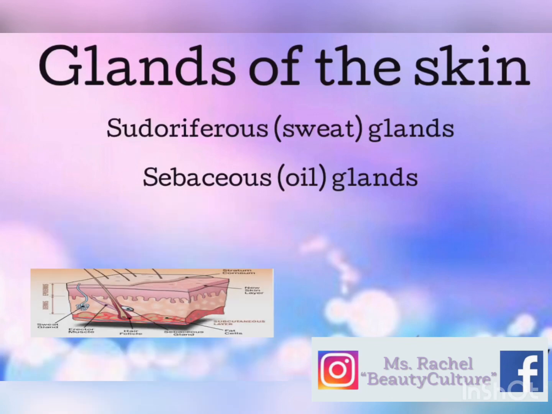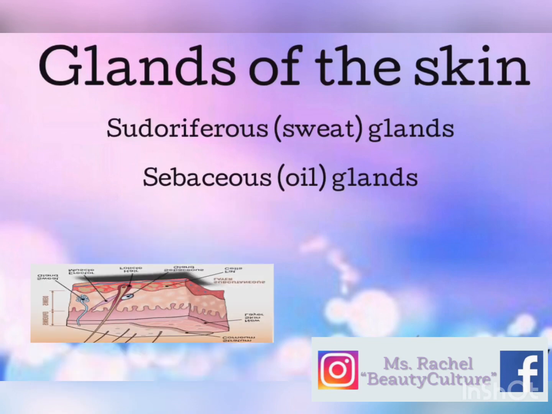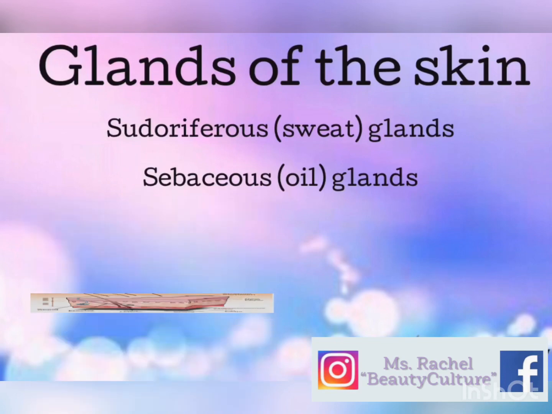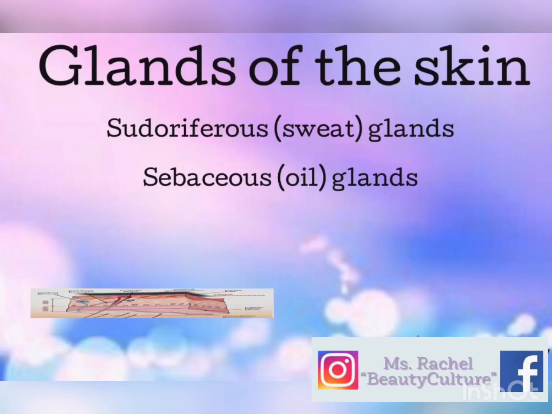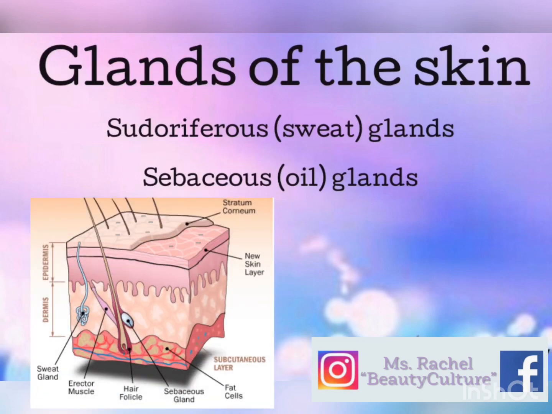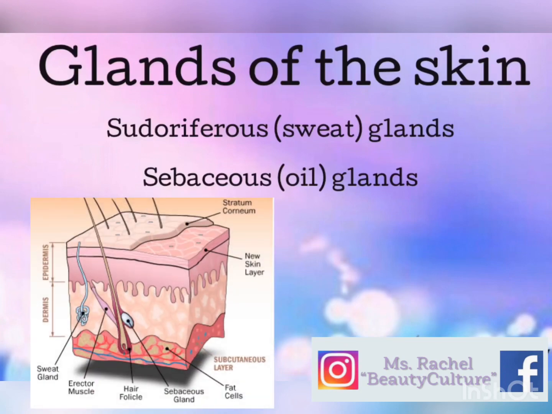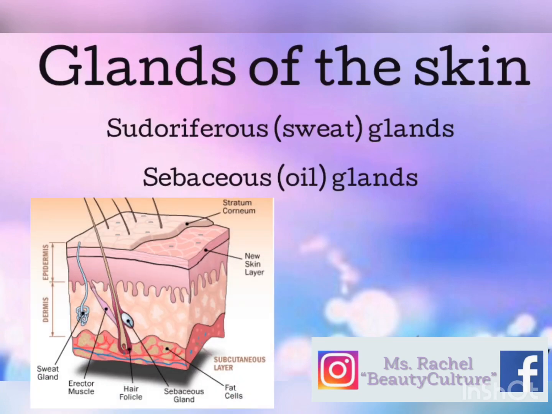They consist of a secretory coil, the coiled base of the sudoriferous gland, and a tube-like sweat duct that ends at the surface of the skin to form the sweat pore. Practically all parts of the body are supplied with sudoriferous glands, which are numerous on the palms of the hands, the soles of the feet, the forehead, and the underarm or armpit. They regulate body temperature and help eliminate waste products from the body.